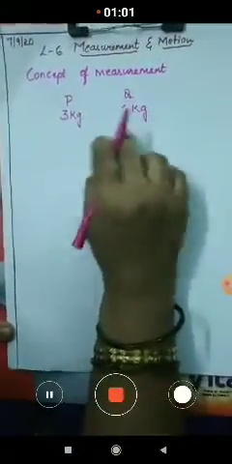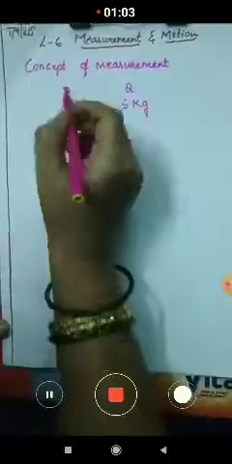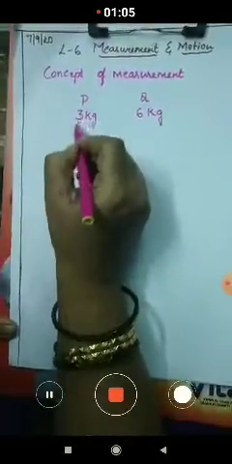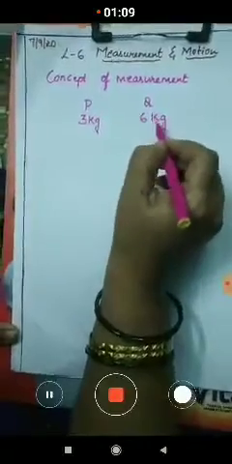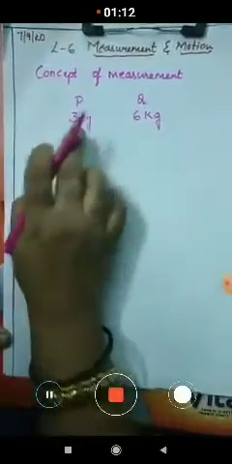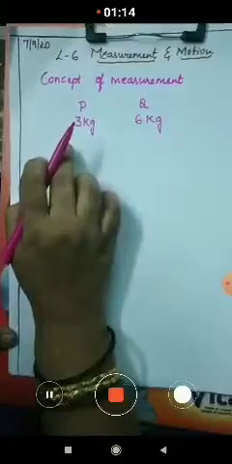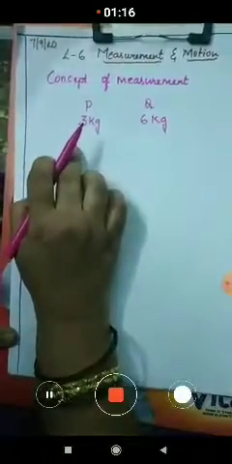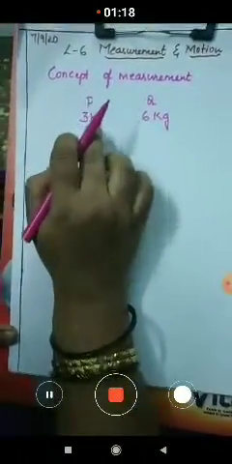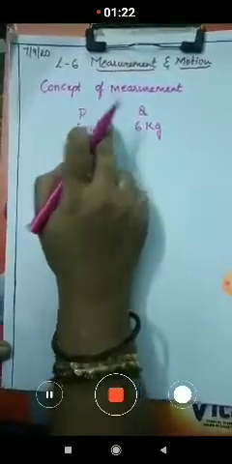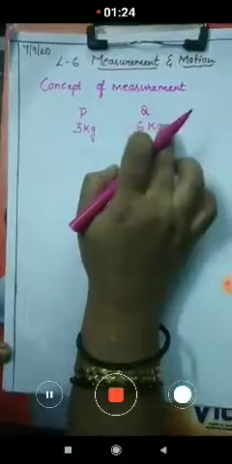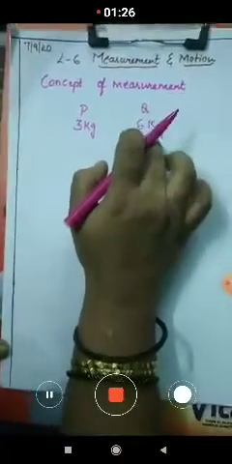So the vegetable grocer took the balance and weighed 3 kg of apple and gave it to person P, and weighed 6 kg of apple and gave it to person Q.